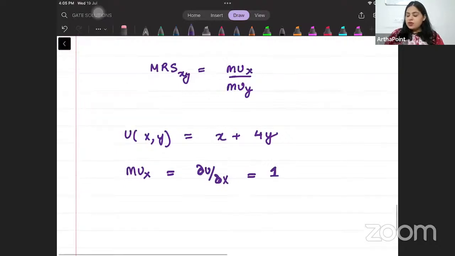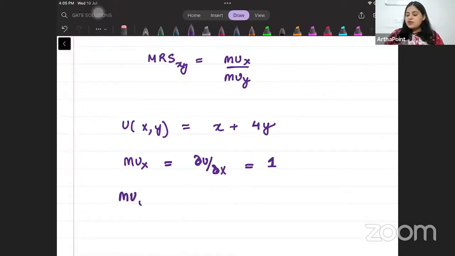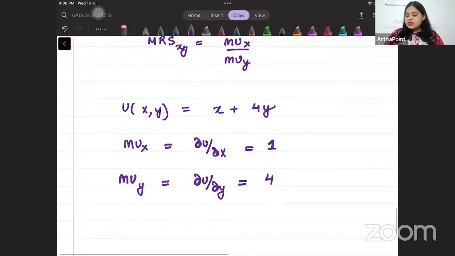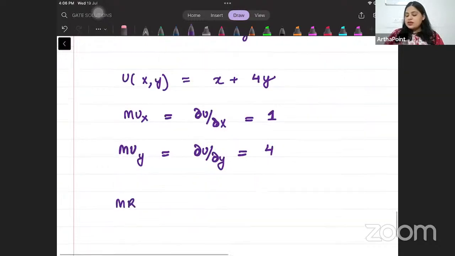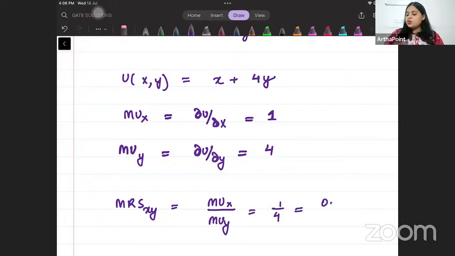When you find MUY, you differentiate with respect to Y and you get 4. So beta, what will be MRS? MRS will be MUX by MUY, so 1 by 4, 0.25. That is MRS.